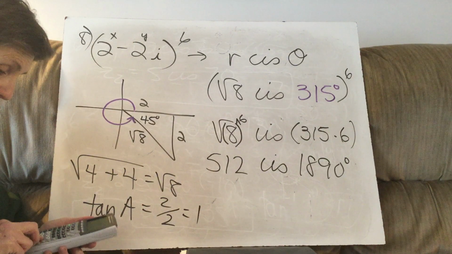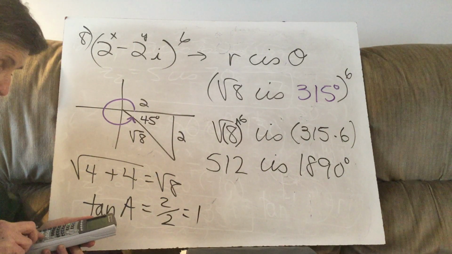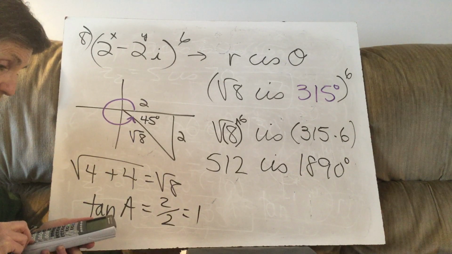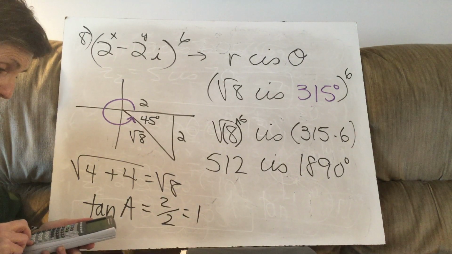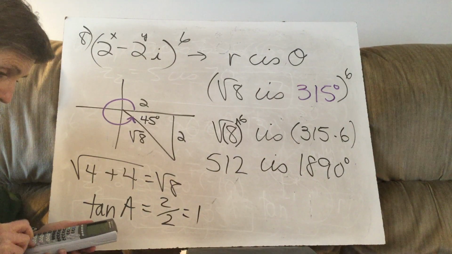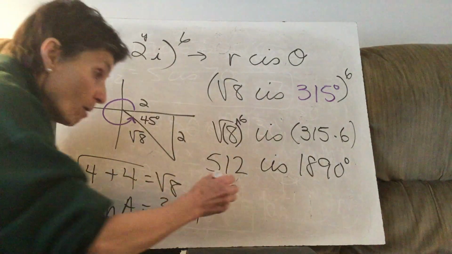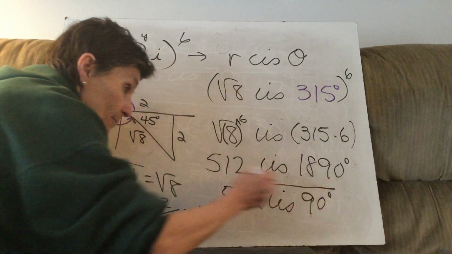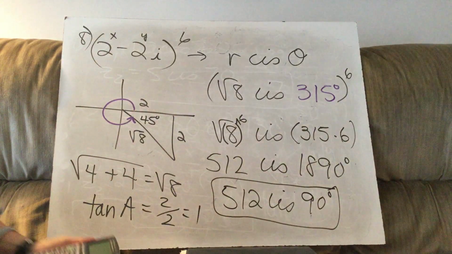So if I subtract 360, it's still too big. I'm just going to keep subtracting 360s. And it finally comes down to 90. And that is the answer to the question.